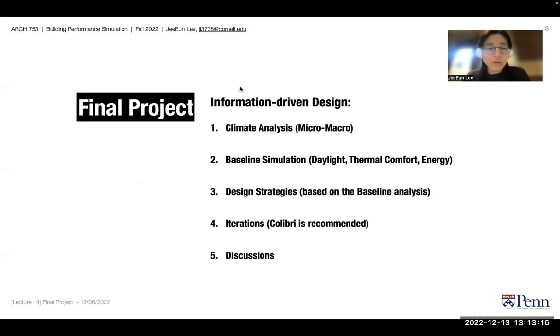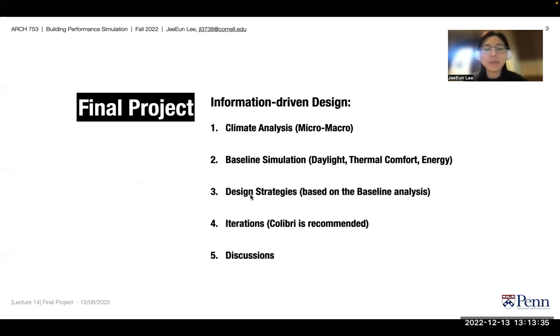My expectation for this final project is that you do climate analysis about the micro and macro climate. Second, baseline simulation: you will run daylight, thermal comfort, and energy simulation to see what the baseline is.